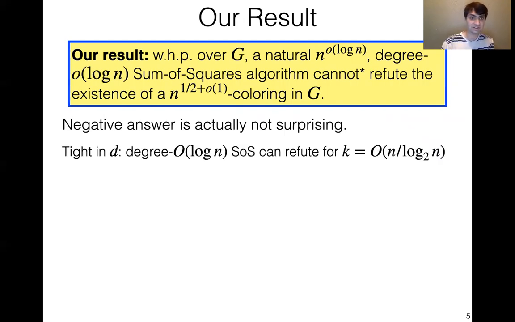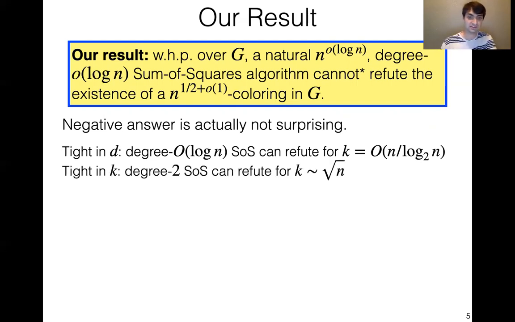Second, this is tight in the degree d, which is this little o of log n in the theorem, in that degree O(log n) SOS can refute all the way up to n over log n, so basically at the chromatic number. So it can basically get the truth. And it's also tight in k in the sense that degree 2 SOS can refute when k is about root n, so up to this n to the o(1) factor, it is more or less tight also.